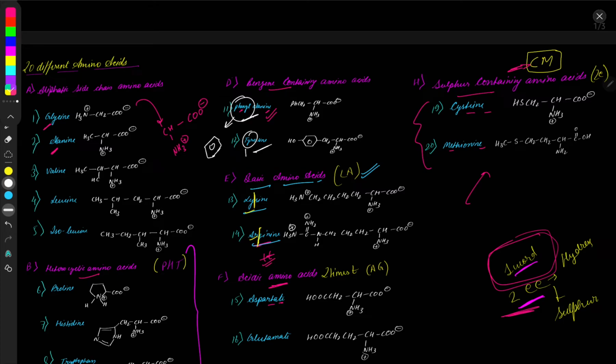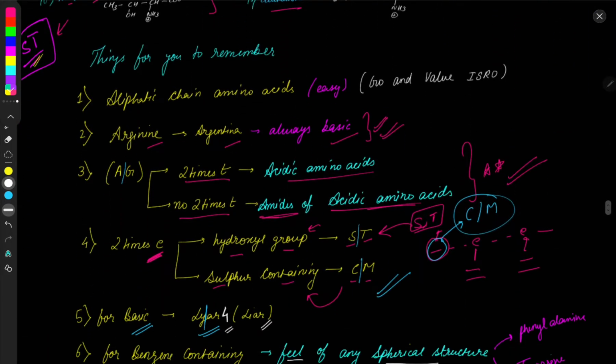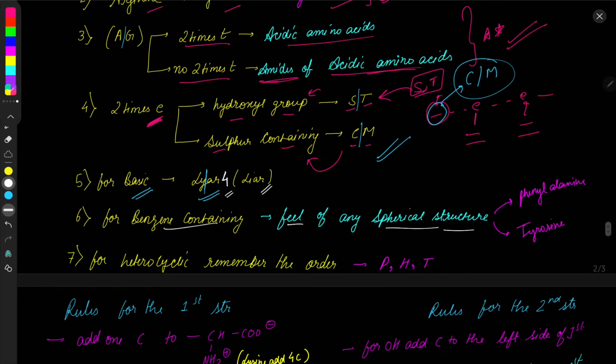Tyrosine: you have to match this word with tire. Tire is a circular shaped object. So you can say that yes, it gives us some feel of benzene, some spherical type object. So like this, you can remember that for benzene containing, feel of any spherical structure: phenylalanine and tyrosine. Tyrosine because it gives a feel of tire, and phenylalanine because phenyl is present, which gives us a feel of benzene.